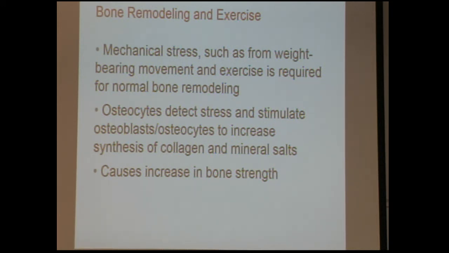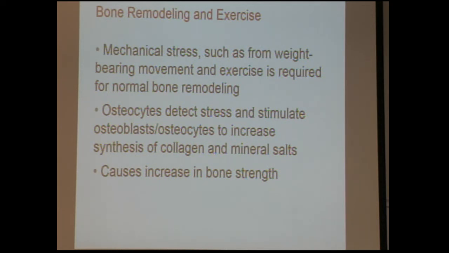Something you learn in kinesiology is if you're lifting weights that are about 50% of your max, so if the most you can do is lift 50 pounds over your head, if you lift 25 pounds over your head a whole bunch of times, that's actually causing the bones to grow back stronger, which is pretty cool. So it's not just your muscles getting stronger, but your bones getting stronger as well.